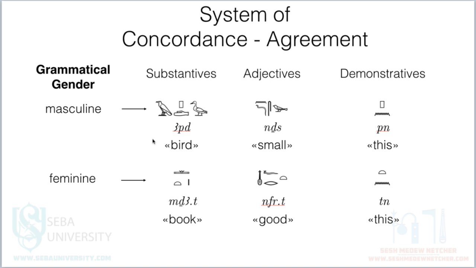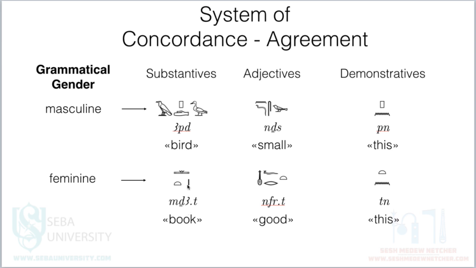Now, the feminine. Here's a feminine substantive. It's the word for book, majat. Well, literally, it means papyrus. In ancient times they didn't have books like we have today with a spine and so on.